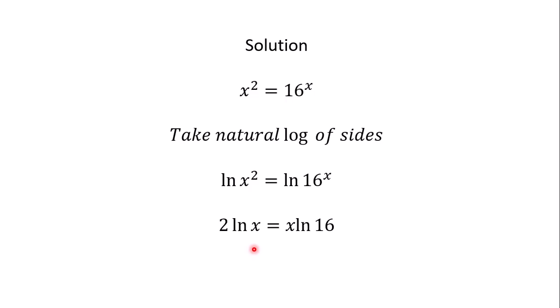Here we have 2 multiplied by natural log of x is equal to x times natural log of 16. What are we going to do now? Take note, here we are going to take the absolute value of x.